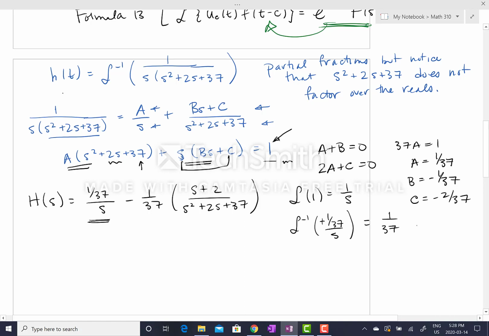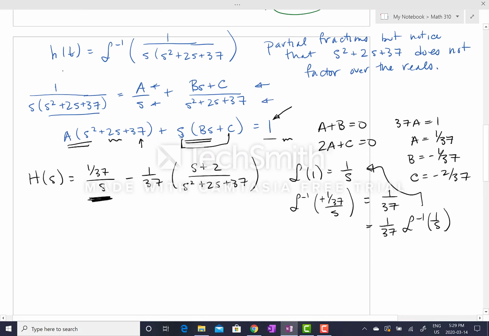Because it's a linear operator, you could also be thinking of this as 1 over 37 times the inverse Laplace transform of 1 over s, which I've just identified from the table as being 1. So that's going to take care of this first term over here.